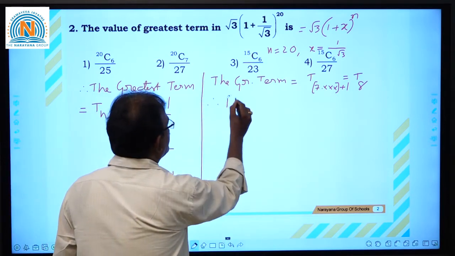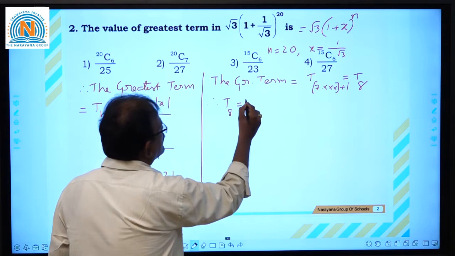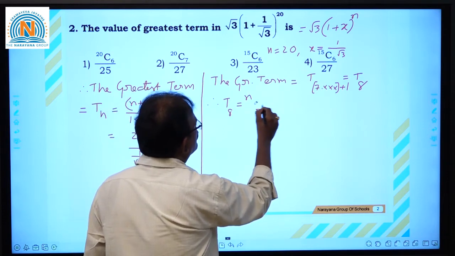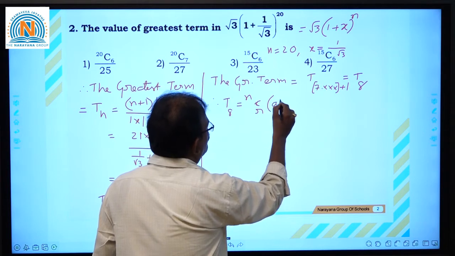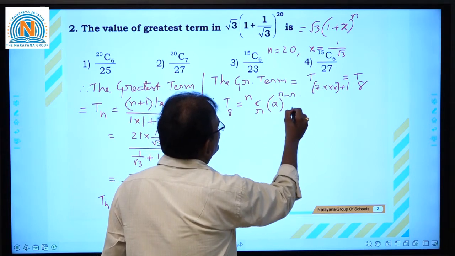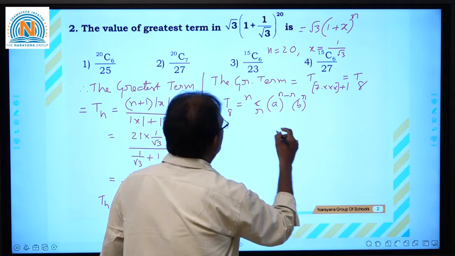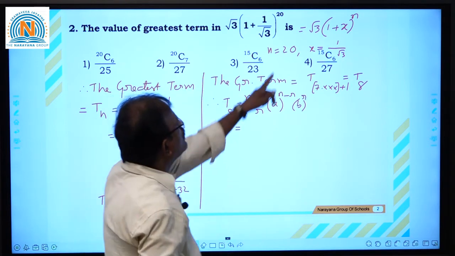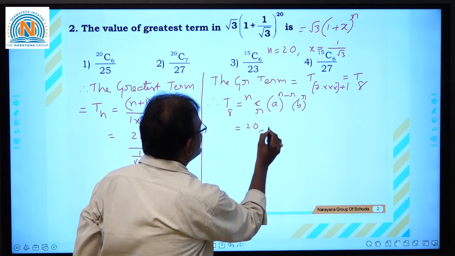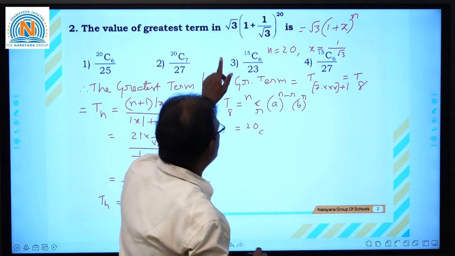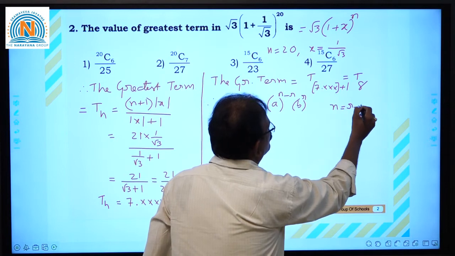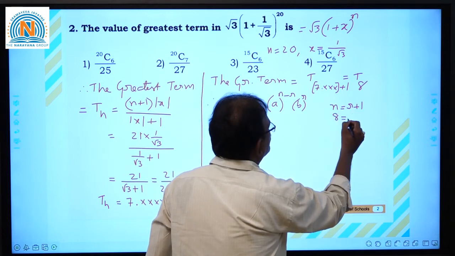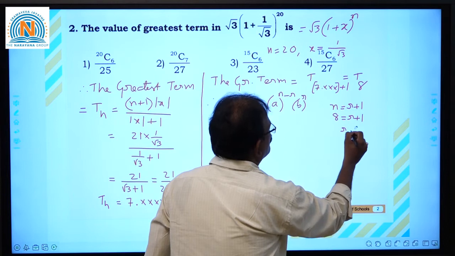Therefore, T8 is equal to, this is like nCr, a power n minus r into b power r. Now the n value is 20, and r value is, this is 8, so n is equal to r plus 1, so n is equal to 8, from that r is equal to 7.